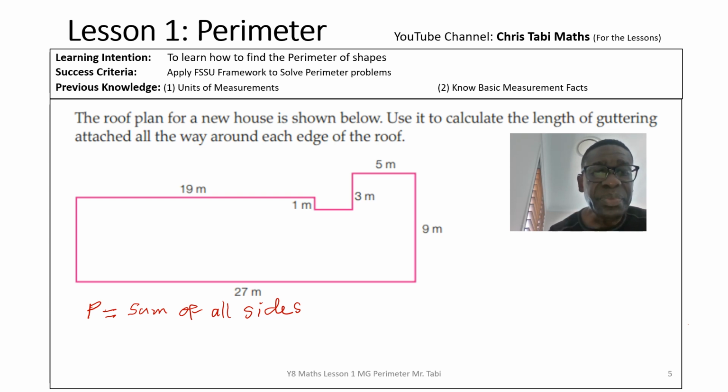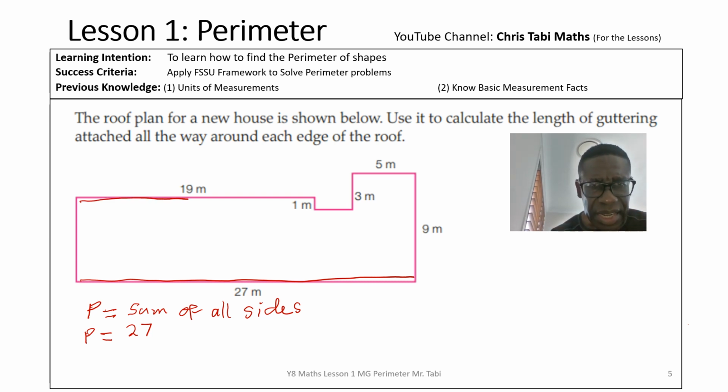Now, what do we know about the sides? That's 27 meters. And as we can see, they are all in meters, so we don't have to worry about unit conversions here. That's 27.